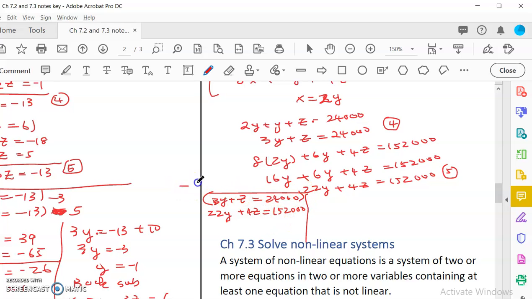What's the best way? By multiplying by -4. So I would have -4y minus 4z equal to 24 times 4, negative 96,000.